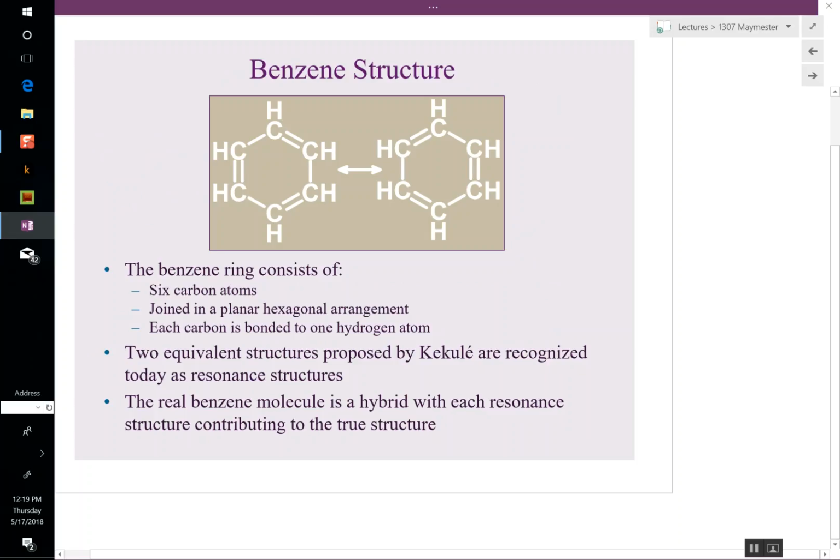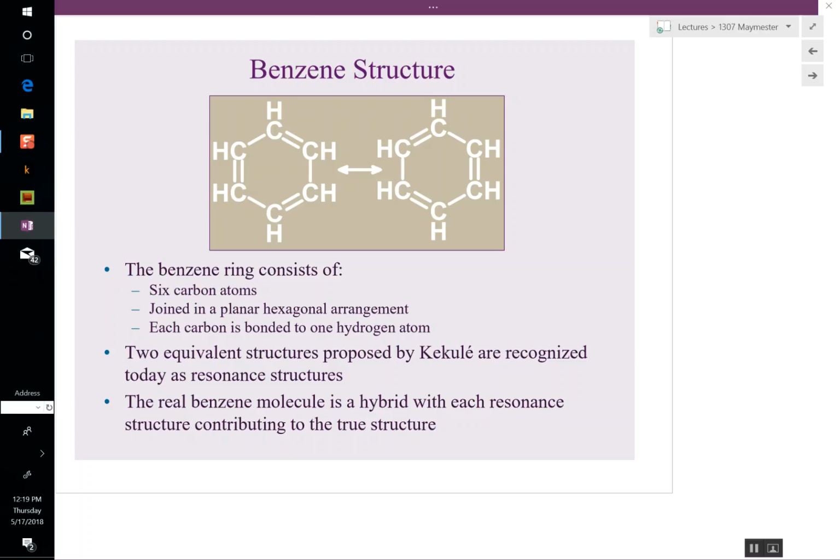Okay, it does not matter how you draw this. You can draw it with a double bond, single, double, single, double, single. Or you could start single, double, single, double, single, double. The important thing is they alternate.